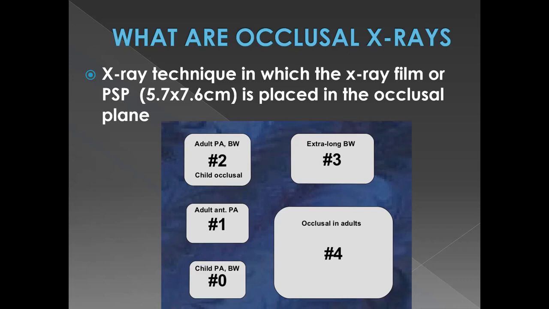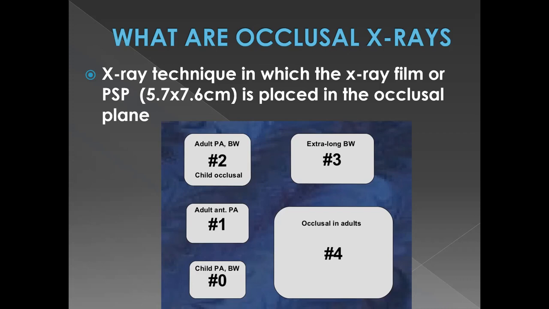So you can see you have different sizes of X-rays over here. You have the adult PA, also used for the bitewing. It's called number 2, and this is also used for carrying out occlusal X-rays in children. Number 1 is the adult anterior periapical X-ray. For children, size 0 is used for periapicals as well as bitewings.